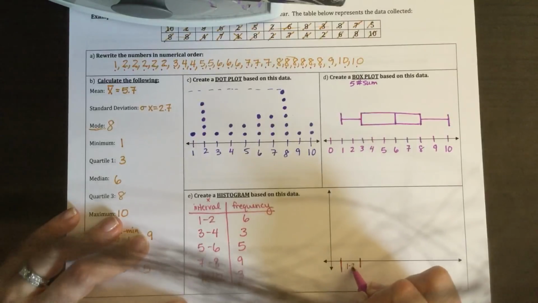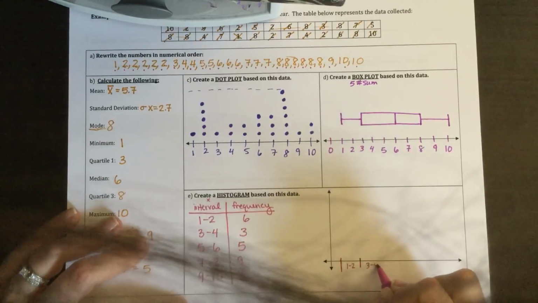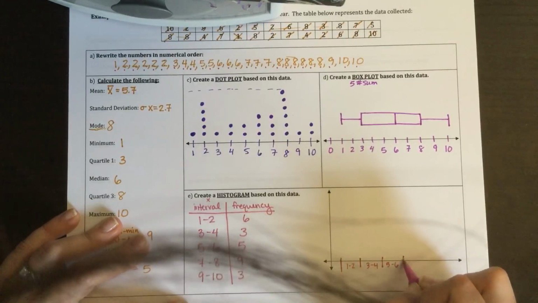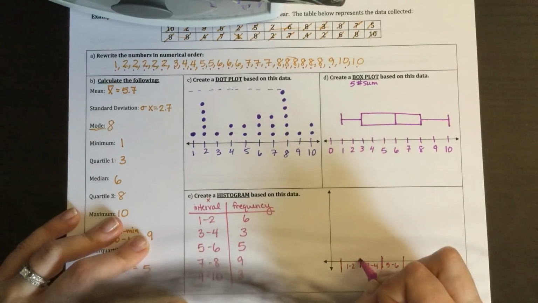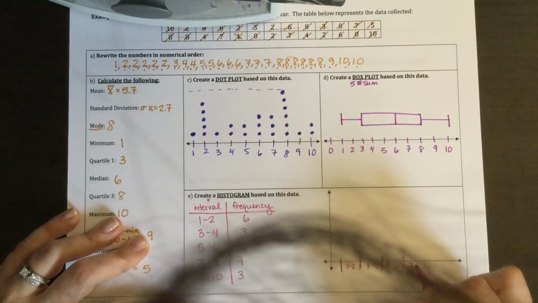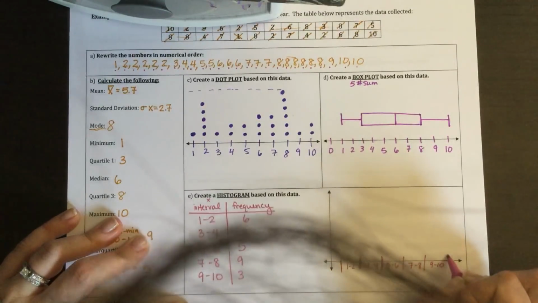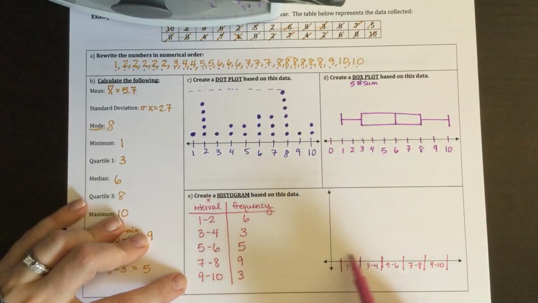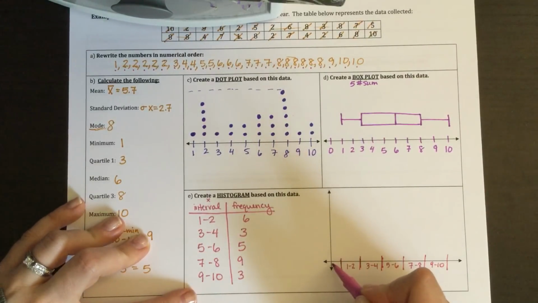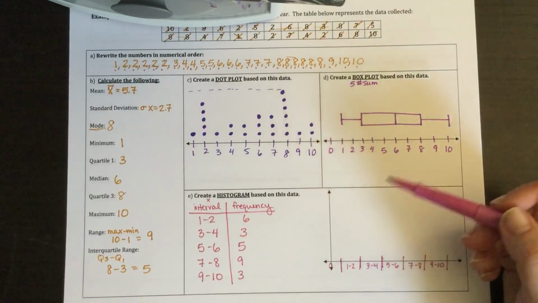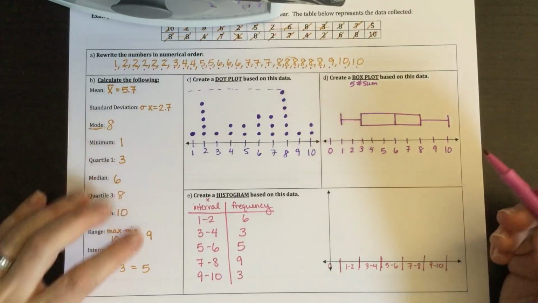So here's 1 to 2, 3 to 4, 5 to 6, 7 to 8, and 9 to 10. Okay, we don't want any gaps. Now I know that there's a gap between 0 and 1, but we don't have any numbers between 0 and 1, so we're just going to leave it as is.